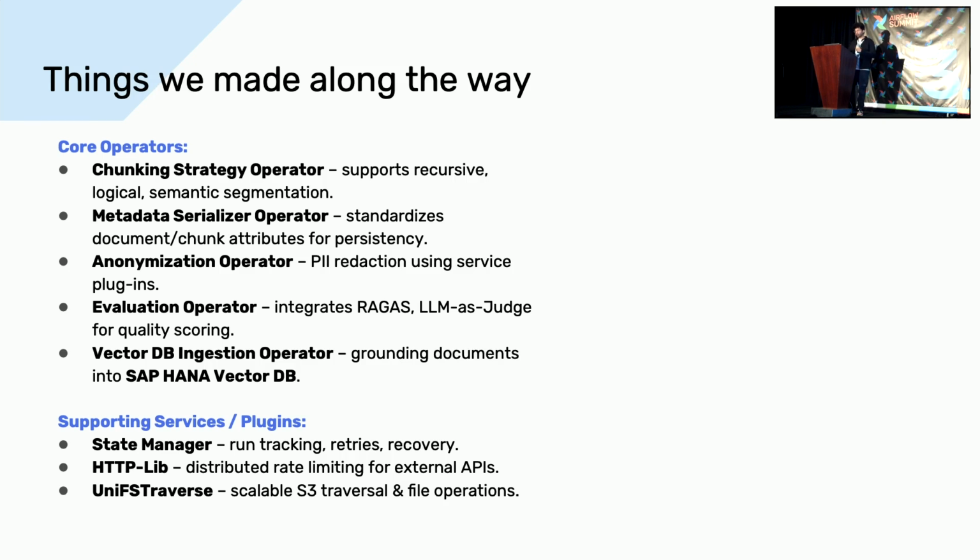And for interacting with the SAP HANA Vector DB, we created a Vector DB ingestion operator to take care of the embedding model rate limits and how many connections in parallel we can make when we scale. It also handles retry logic: if something fails, like if the embedding model crashes, how do we preserve that state and in the next run start from where we left off.